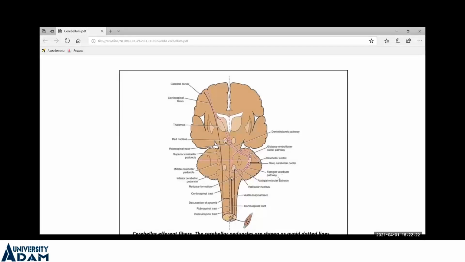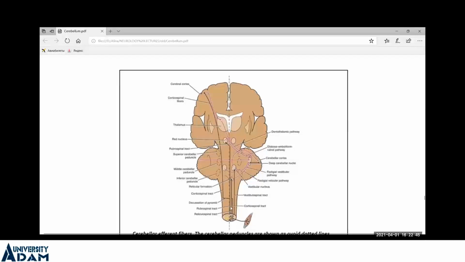And according to this name, it starts at the fastigial nucleus, okay? And as you can see, it goes mainly to the ipsilateral and to contralateral lateral vestibular nuclei, and the vestibulospinal tract to ipsilateral motor neurons in the spinal cord.